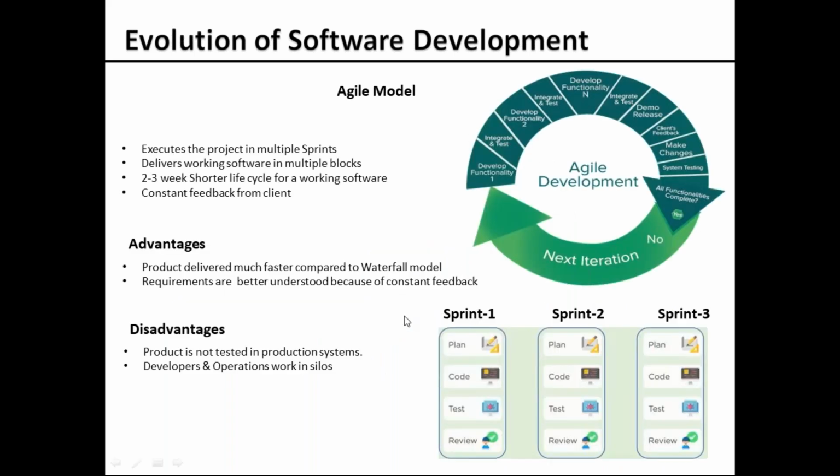If you see, most of the waterfall model challenges have been addressed by the agile model, but there are still some disadvantages in the agile model as well when compared to the current market trend. A few of them are: the product is not tested in the production system, and the developers and the operations teams work in silos.